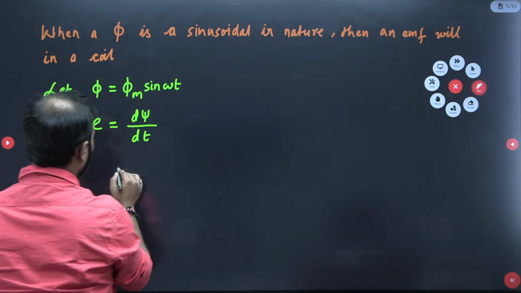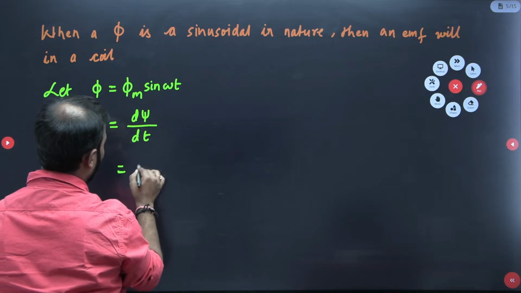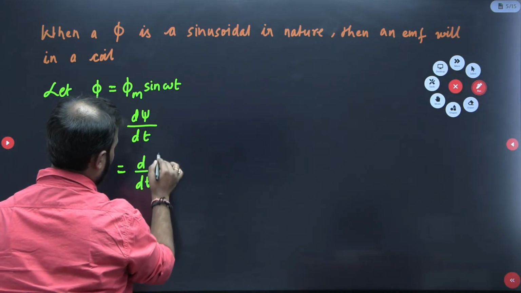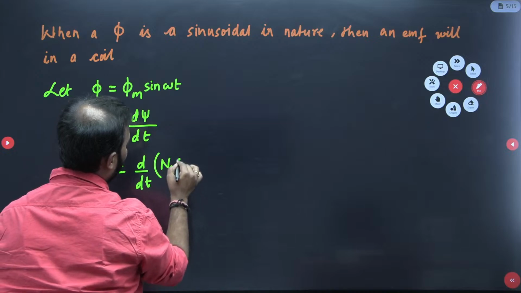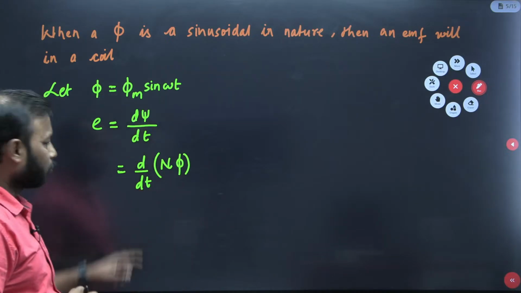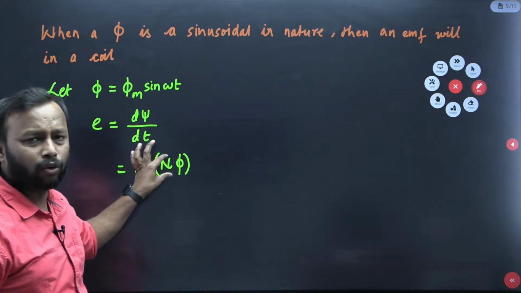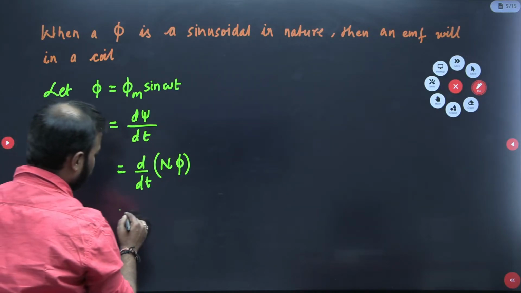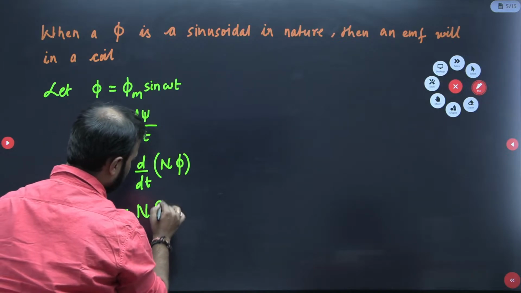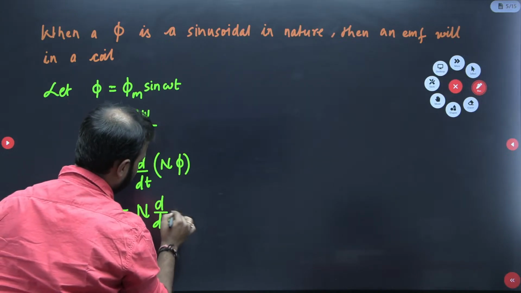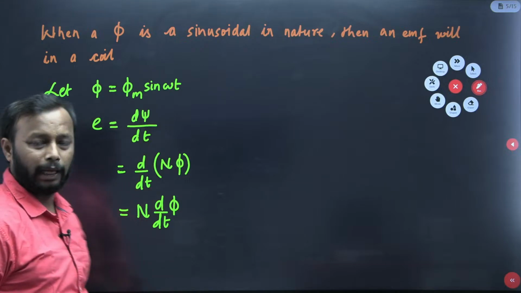Now if you look at the psi expression, it is N into phi. N is the number of turns, which is constant. So with respect to time, N is not going to change, so we can take it out of the derivative. So N into d by dt of phi.